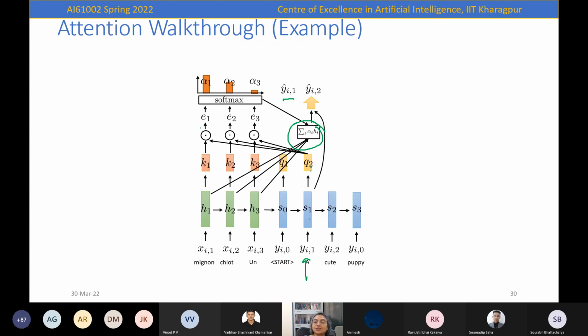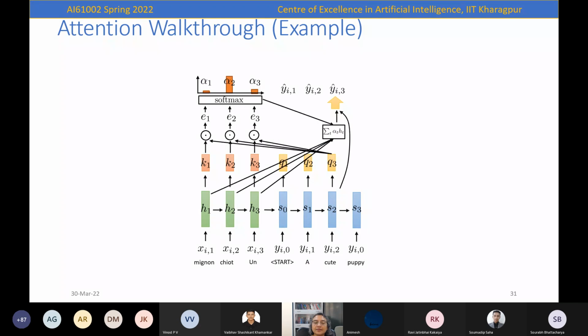Again, we do this to get the context vector for this current state, and so on. So at every state of the decoder, we find a context vector specific to that state by being allowed to peek into different encoder states.